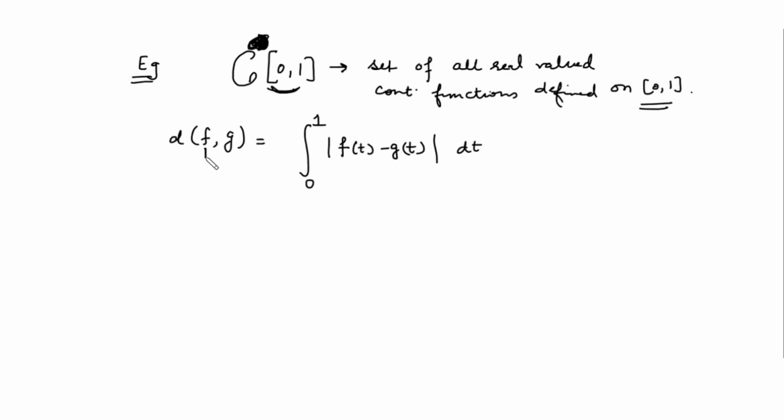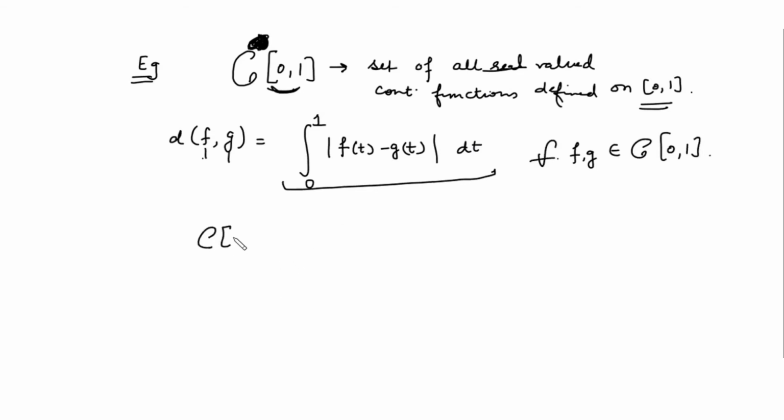So here I'm taking f and g, which are real valued continuous functions defined on [0, 1], and d of f, g is defined like this. It is an integration of this, where f and g are functions in C[0, 1]. So we have to check whether this C[0, 1] together with this d is a metric space or not.